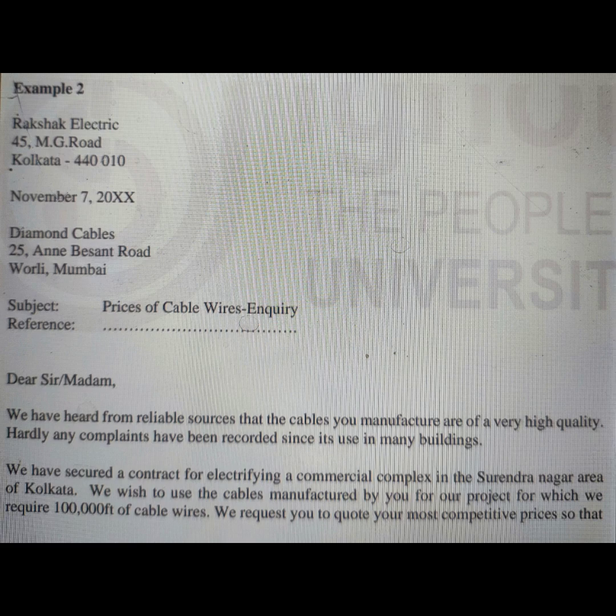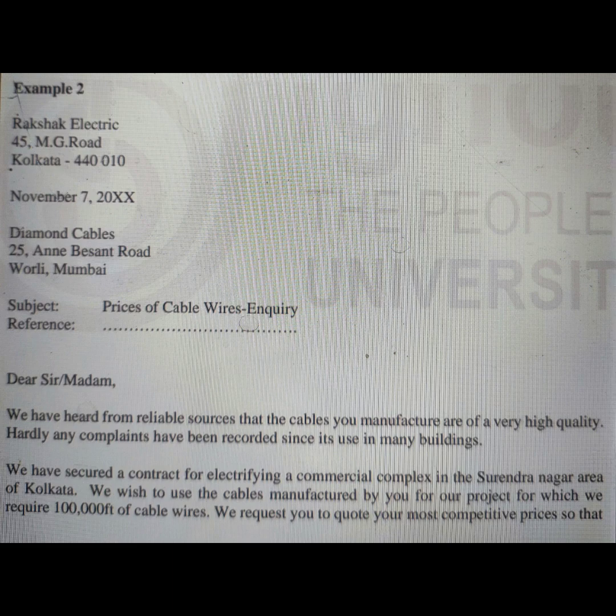Rakshak Electric, 45, MG Road, Kolkata 440,010. November 7, 20XX. Diamond Cables, 25, Ann Besant Road, Worli, Mumbai. Subject, reference, prices of cable wires inquiry. Dear Sir, Madam, we have heard from reliable sources that the cables you manufacture are of a very high quality. Hardly any complaints have been recorded since its use in many buildings.